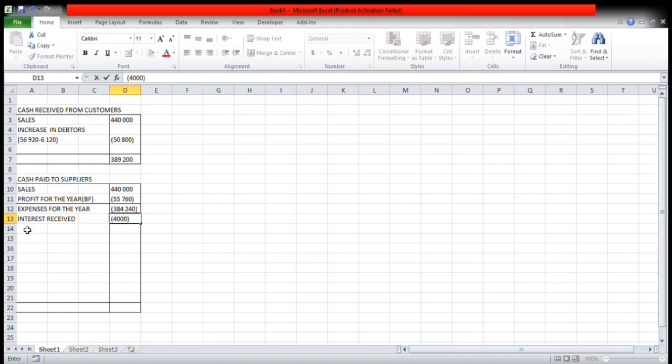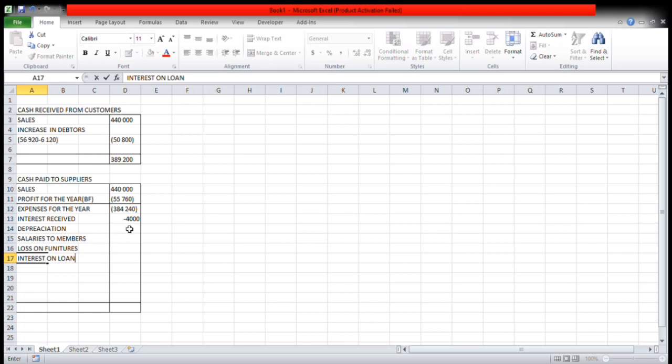So I've seen depreciation, and the salaries to members, and also the loss on sale of furniture, and the interest on loan.